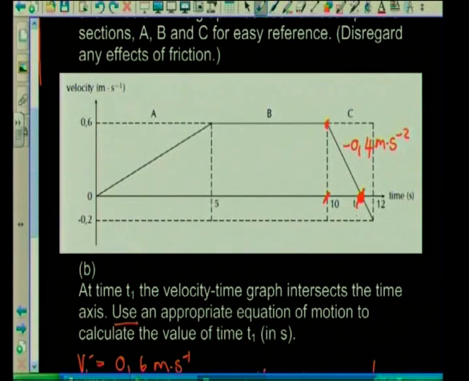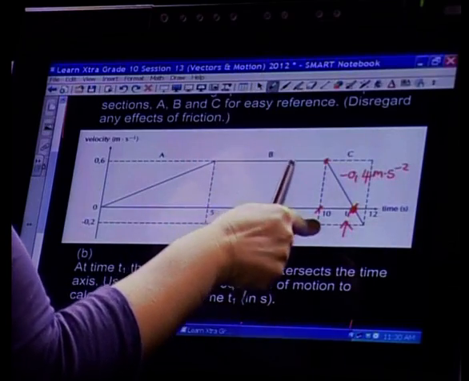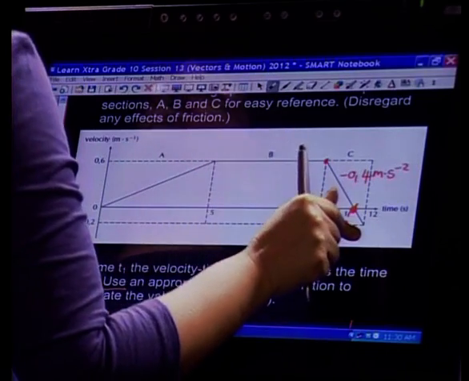We're not done. Careful, grade 10s. The question asked you to calculate the value of T1. T1 can't be 1,5 seconds because it's after 10. Okay? It took 1,5 seconds to go from 10 to T1.